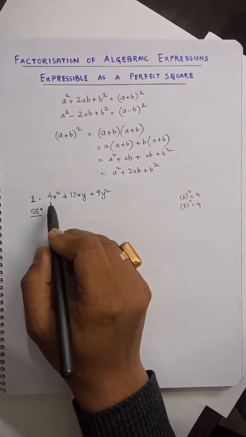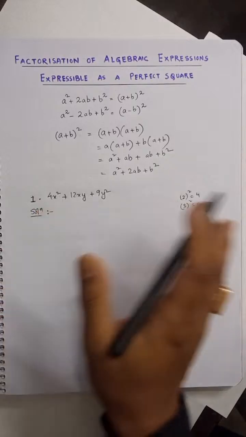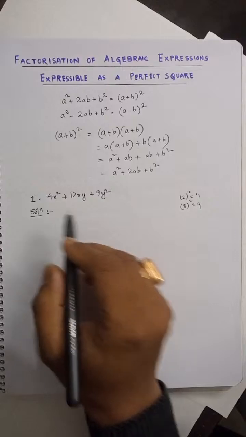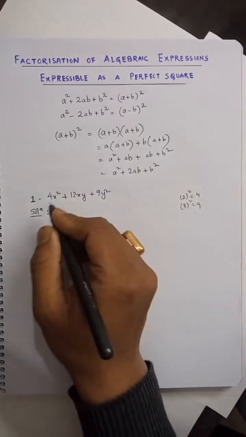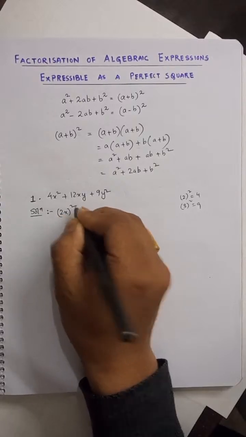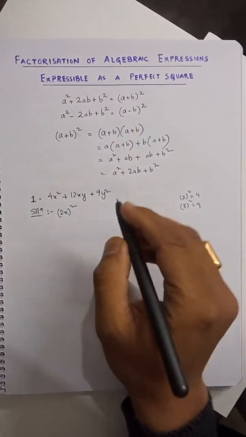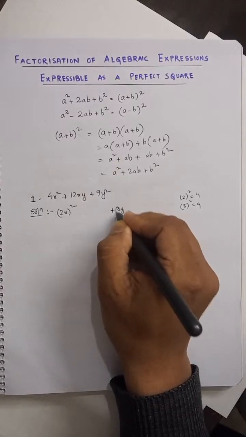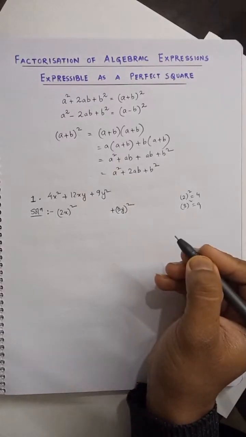So I am talking and also explaining the questions in between. So 4x² can be expressed as 2x whole square, and 9y² can be expressed as 3y whole square.